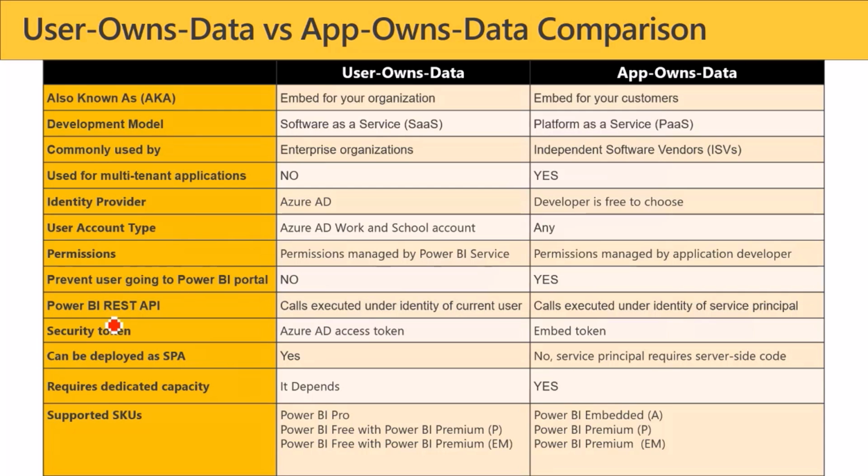And the big difference is that the developer runs code as a service principal that can see everything, but then the developer has to reach into the database, figure out what is this user able to see. And when you create the embed token, you are creating gospel as far as what that user can do, because into that embed token is where you're going to put things like report IDs and dataset IDs.